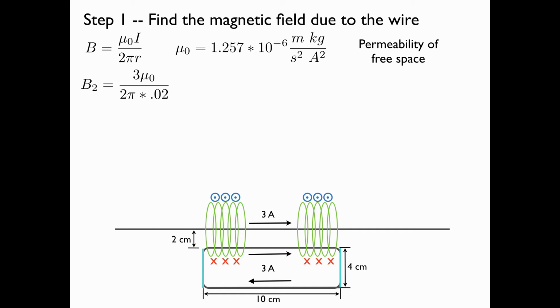The current of the long wire is 3 amps and the distance is 2 centimeters or 0.02. Putting this all together, we have this value for the magnetic field. And it's into the page.